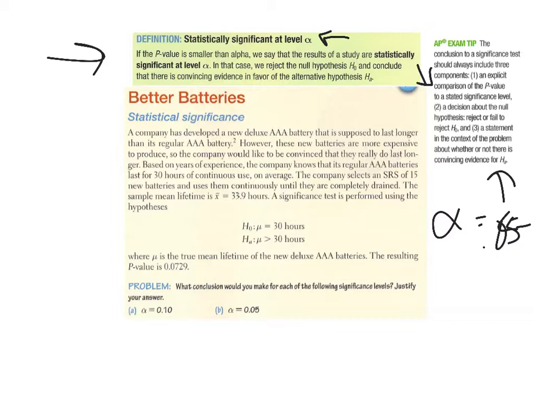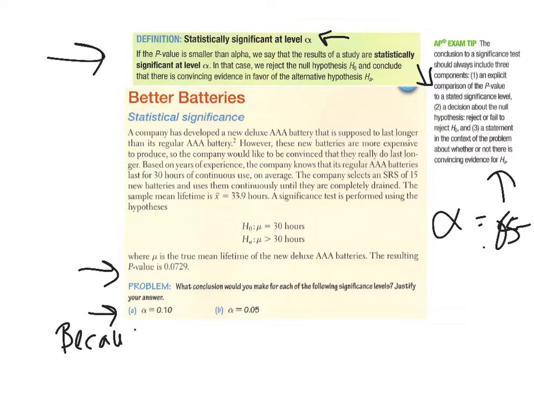In this first case, I've got an alpha of 0.1. My p-value in my problem is 0.072. So now I need to do my 3 steps of writing my conclusion. I need to compare the p-value and the significance level. I need to make a decision about my null hypothesis, and then I need to make my statement in context of the problem.